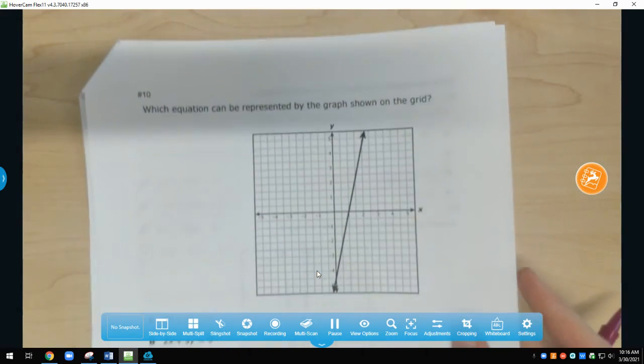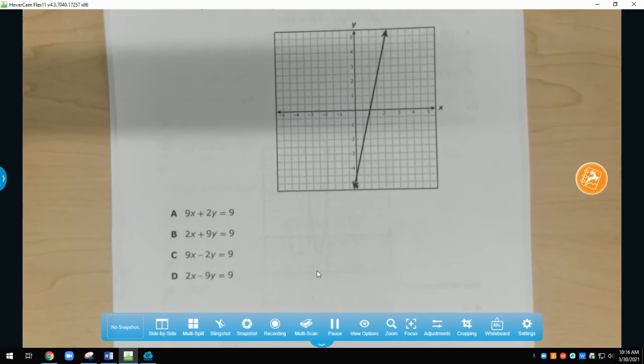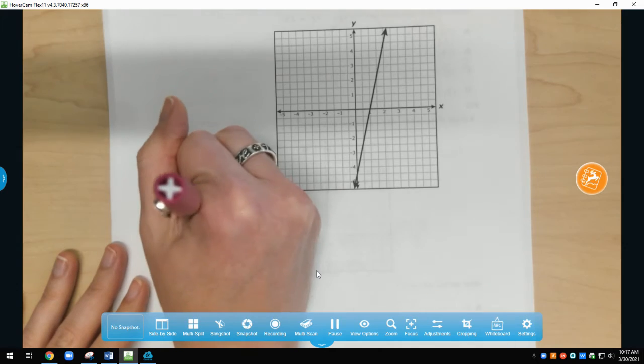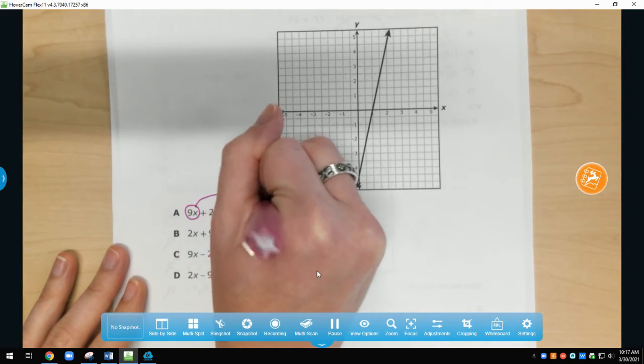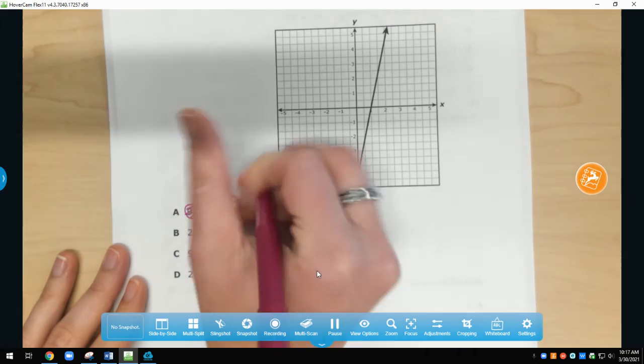Okay, which equation can be represented by the graph? So what we're going to do, we're going to need to solve all these answer choices for y. So we're going to move the x, change the sign, divide by the number in front of y.